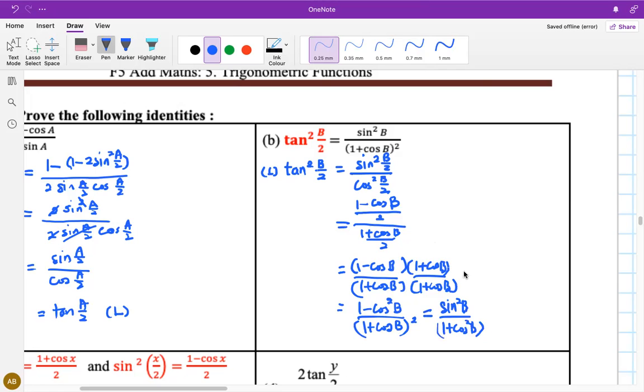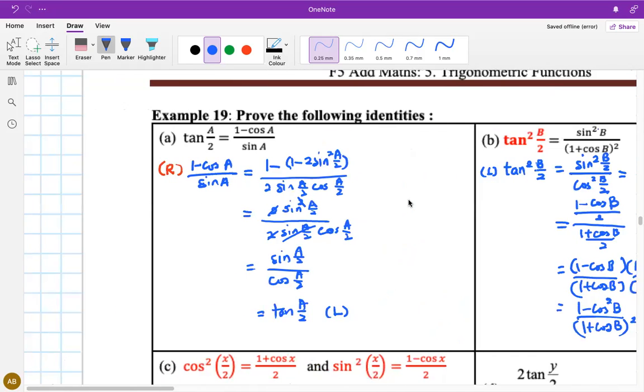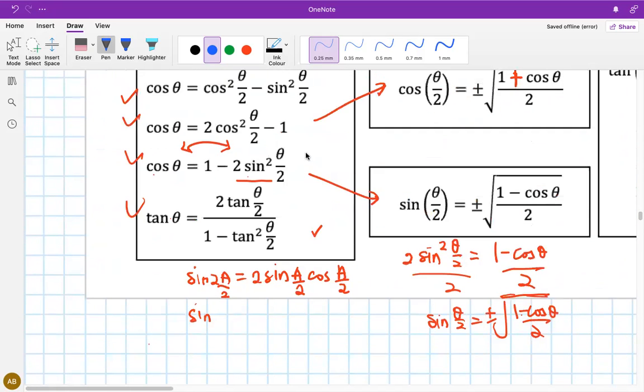Okay, so actually this is quite long, redundant. So we can actually from here, since we want to prove tangent square B over 2 is this one, we need to change cos square B over 2 to become 1 plus cos B. Cos square B over 2 is actually (1 plus cos B) over 2.